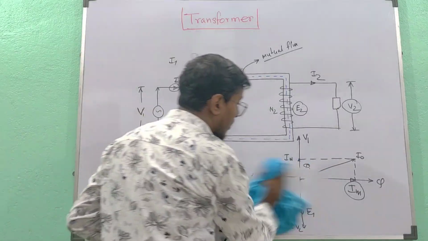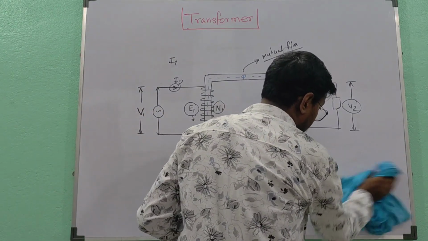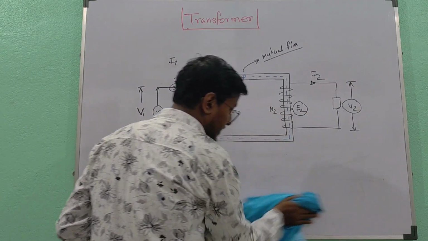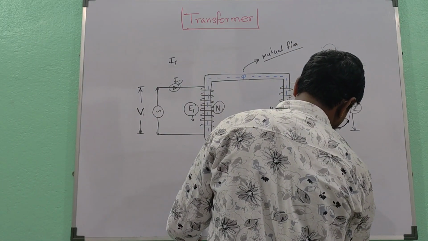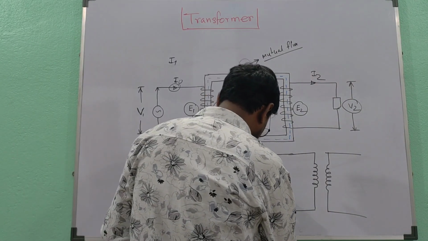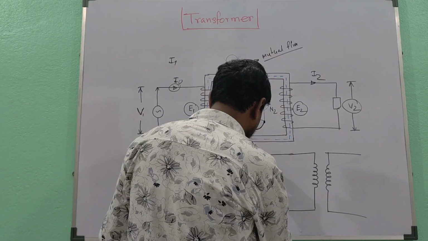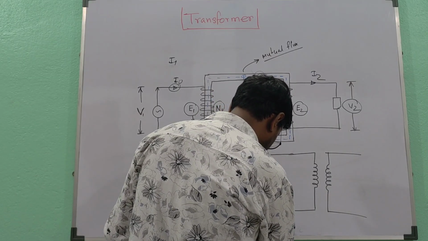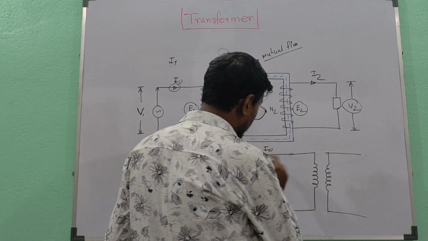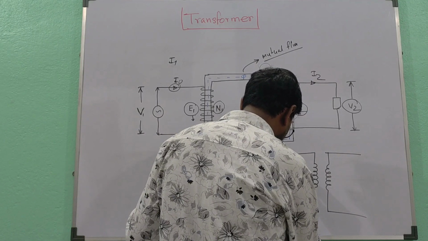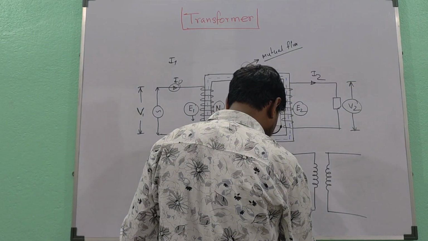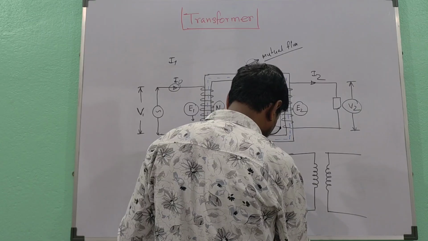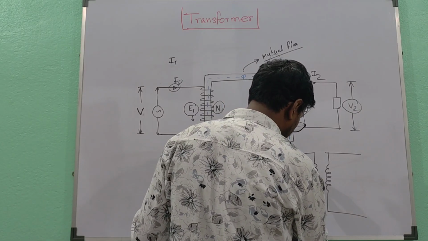Now if we want to draw an equivalent circuit of this condition, whatever we have discussed, let's see how it looks. So this is V1, this is I0, the no load current. Now this no load current will divide into two parts. One is IW and another is the magnetizing component IM.